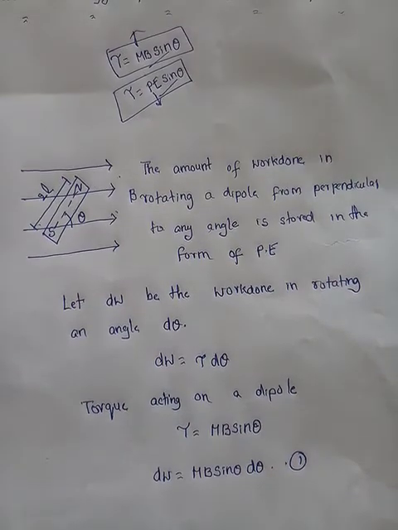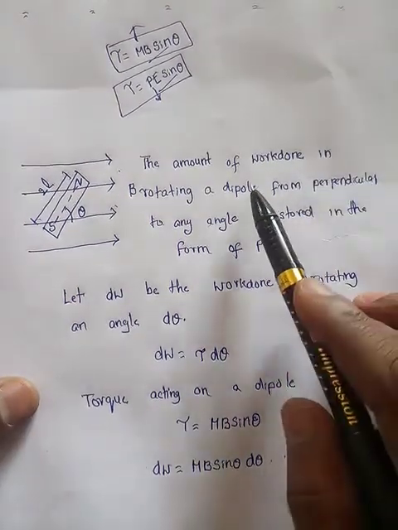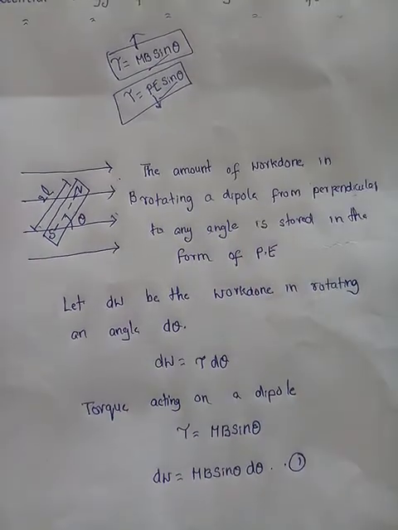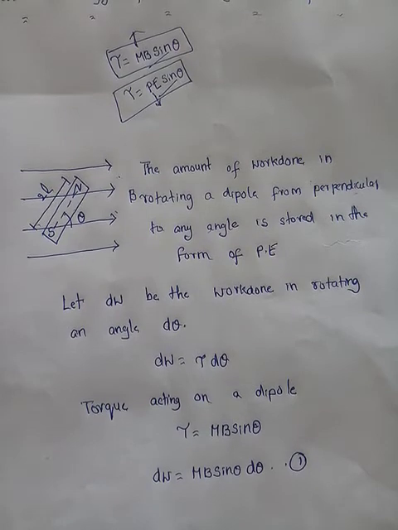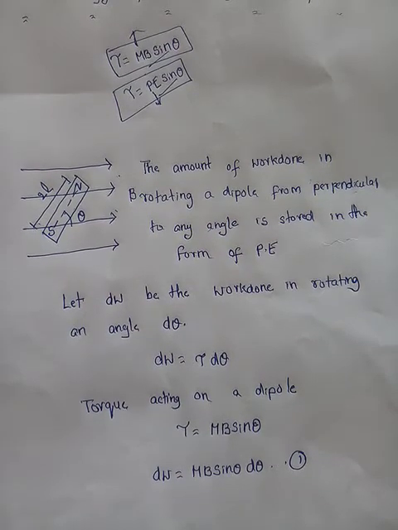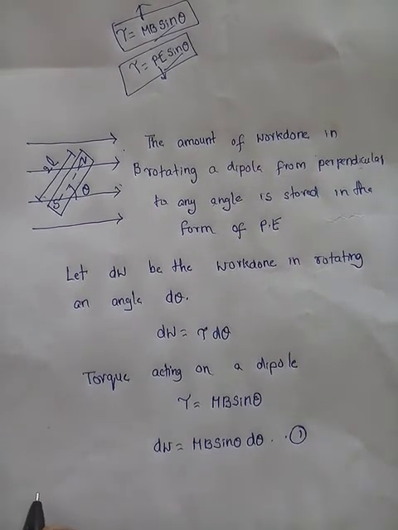Consider this as equation number 1. Now, the amount of work done in rotating a dipole from perpendicular to any angle means the total work done in rotating the dipole from 90 degrees to theta. How to get that? By integration.